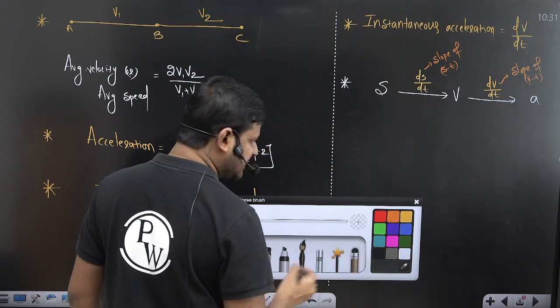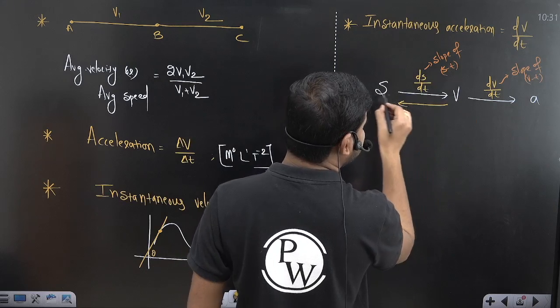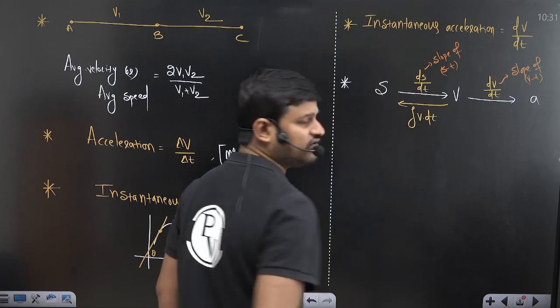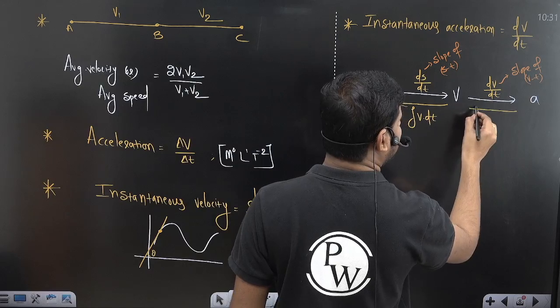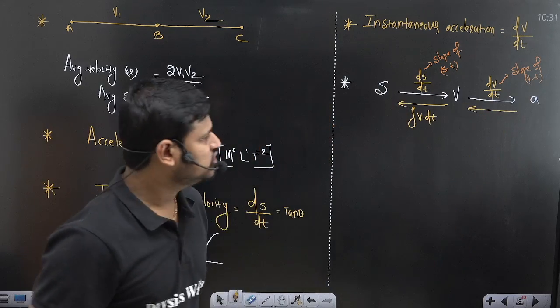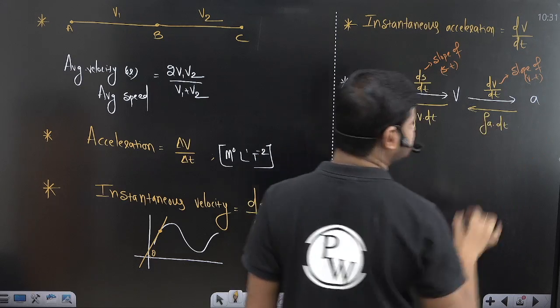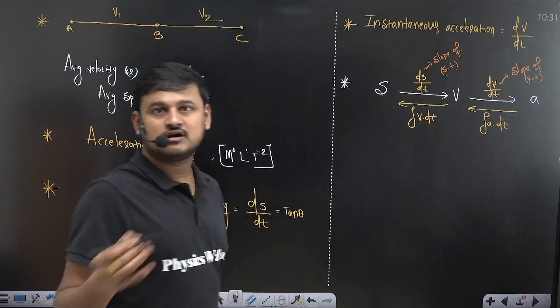Yes, and the reverse process also we have seen. What is the reverse process? If the velocity is given and they ask you to find the displacement, simply the integration of v dt. And if the acceleration is given and they ask you to find the velocity, then the integration of a dt. What is integration meaning? Area under the curve, right?